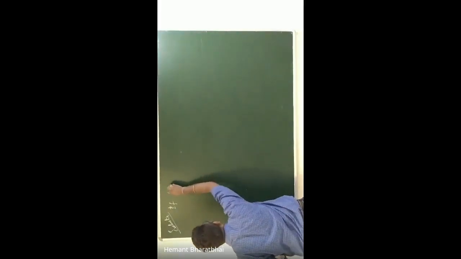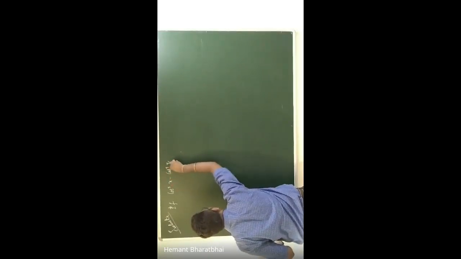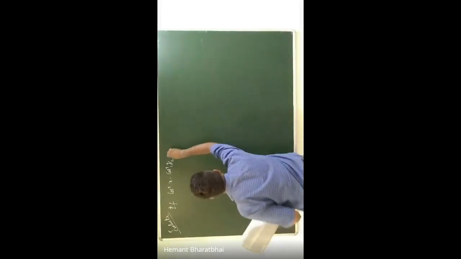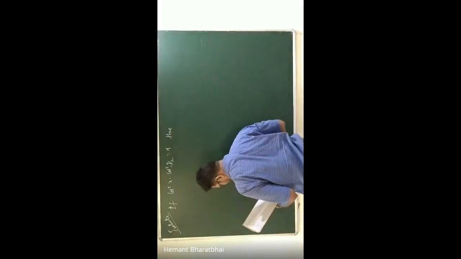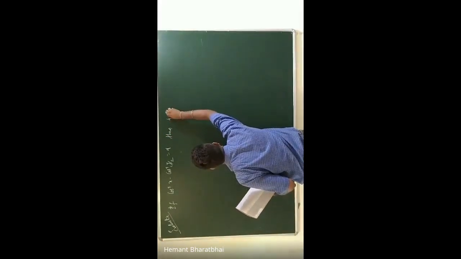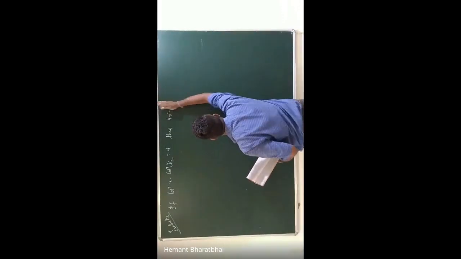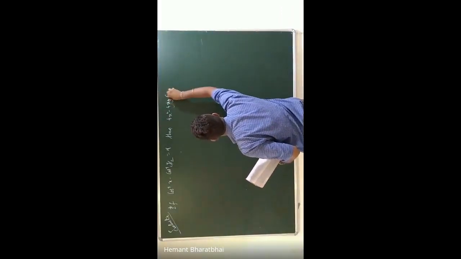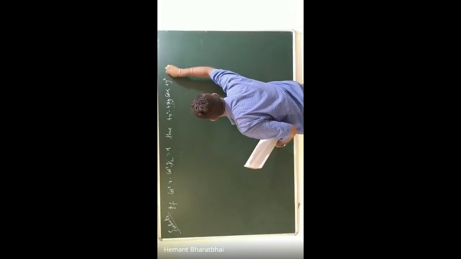If cos inverse of x minus cos inverse of y by 2 is equal to alpha, then 4x square minus 4xy into cos alpha plus y square is.